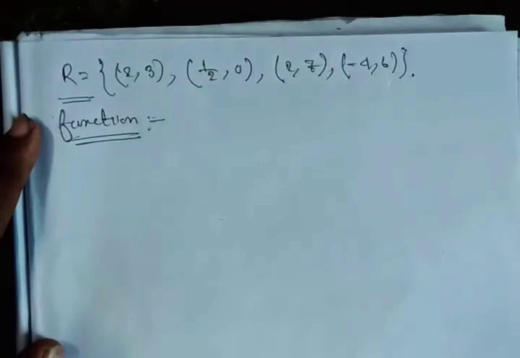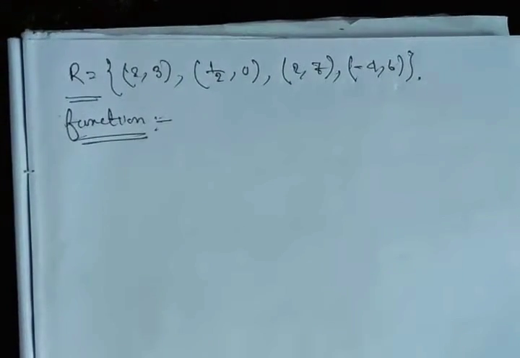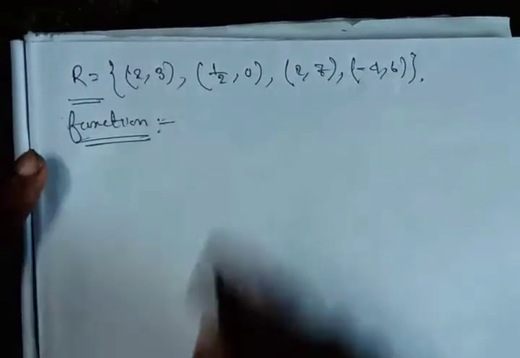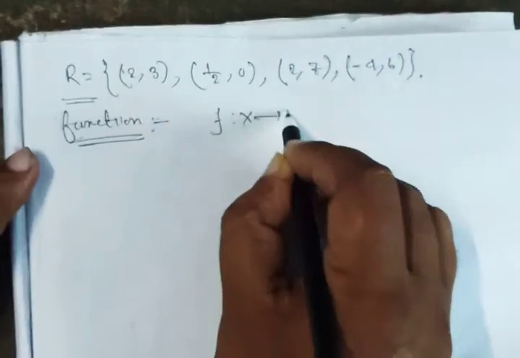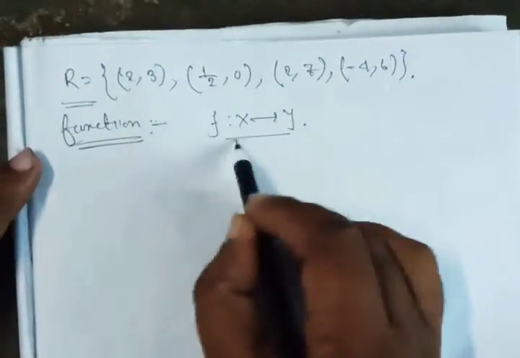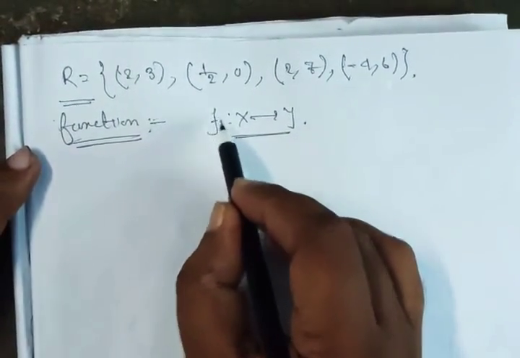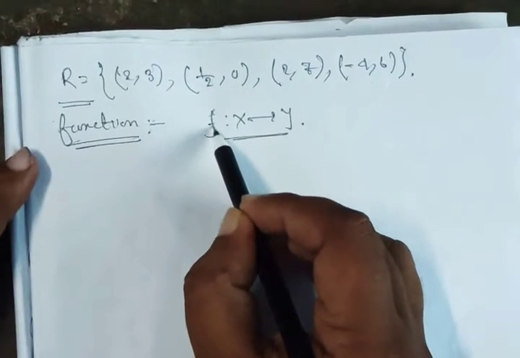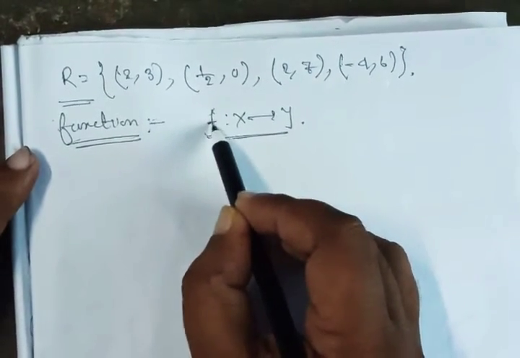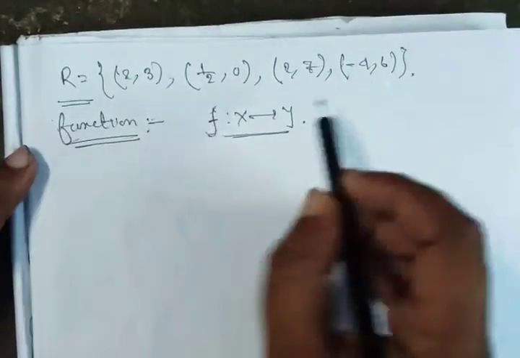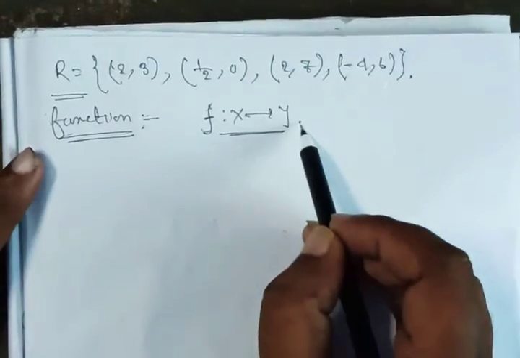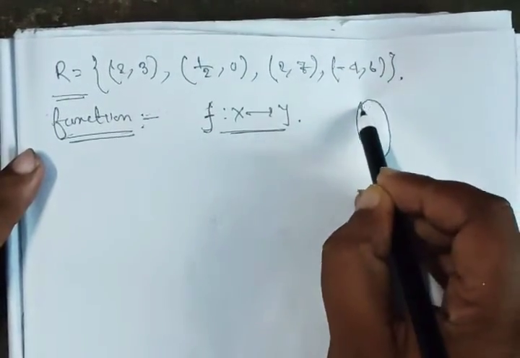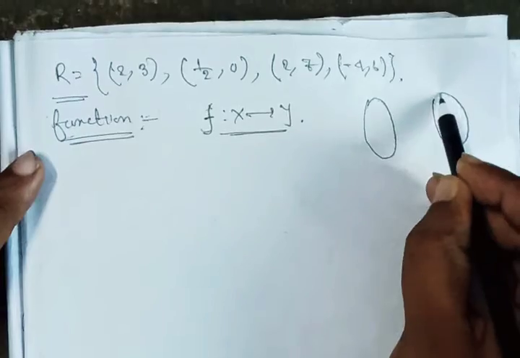we have to be clear about the idea of a function. Now, what is a function? A function f from set x to y, we can say that this f is a function if each pre-image of f has one unique image in y.